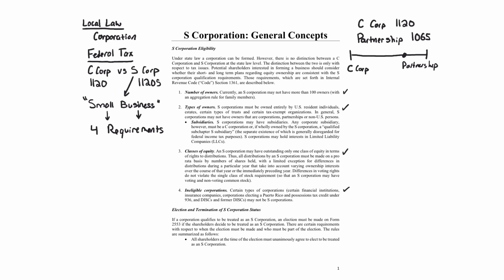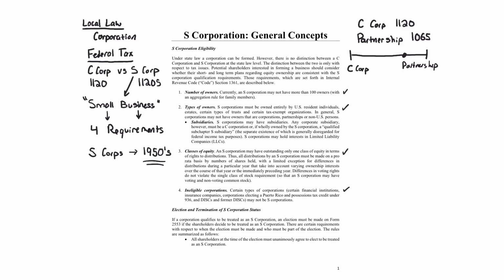Before we go through all 4 of those, the last thing I want to mention about S corporations is the history of S corporations. So S corporations came about in the tax law in the late 1950s during the Eisenhower administration. So they've been around in the tax law since the 1950s. Limited liability companies have been around for legal purposes since the 1980s, 1990s, depending on the state.